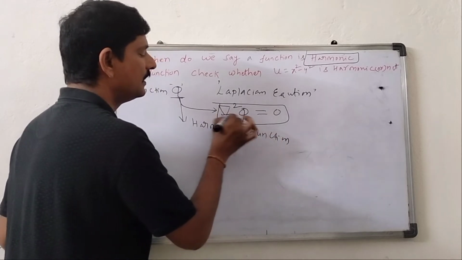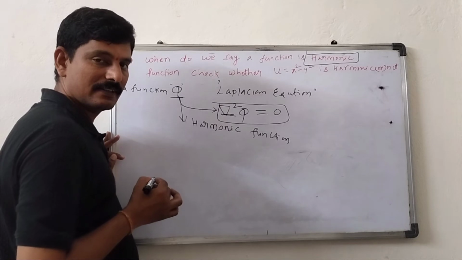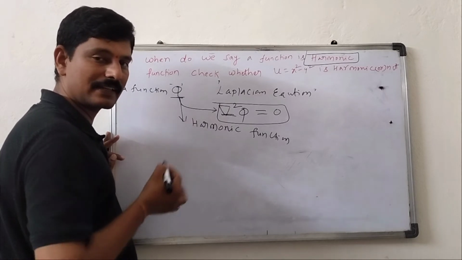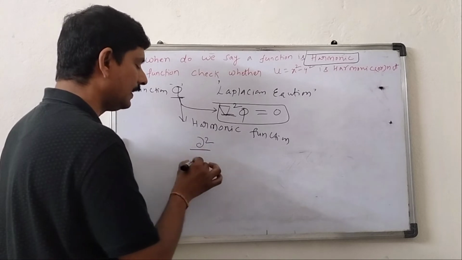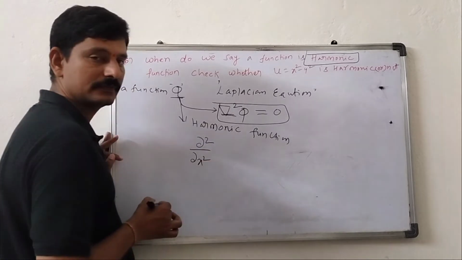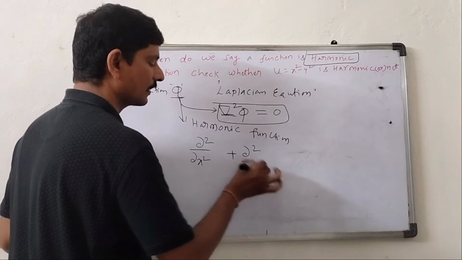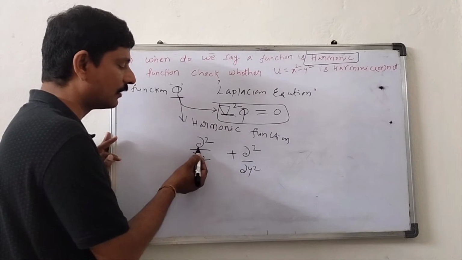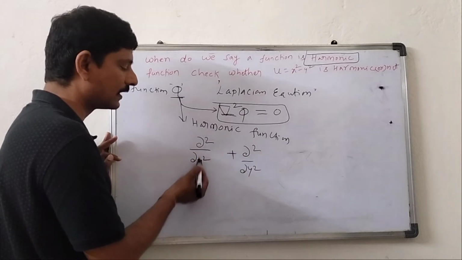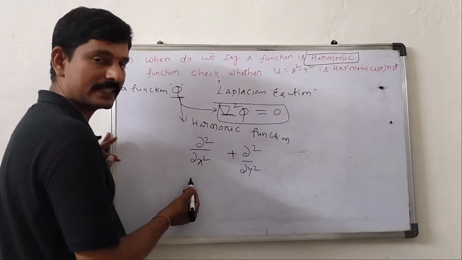Now what is meant by this del? Already you studied in your M1, I think. In vector calculus you studied del square. Del square is nothing but ∂²/∂x² plus ∂²/∂y². That is the partial derivative of any function with respect to x twice, plus the partial derivative with respect to y twice.